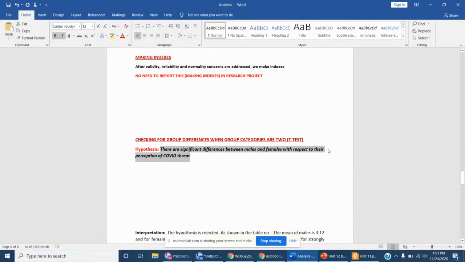Whenever the IV has two response categories, like males and females, we will be using a t-test. A t-test informs us about such hypotheses as: there are significant differences between males and females with respect to their perception of COVID threat.